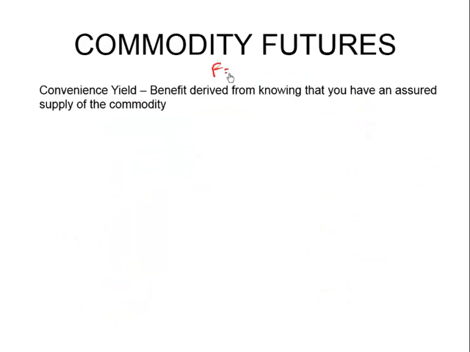So we derive that for a commodity, the fair forward price is equal to S naught e raised to the power (r plus lambda) into T, where lambda is the storage cost. Now actually there is another complication in commodities, that is the concept of convenience yield.